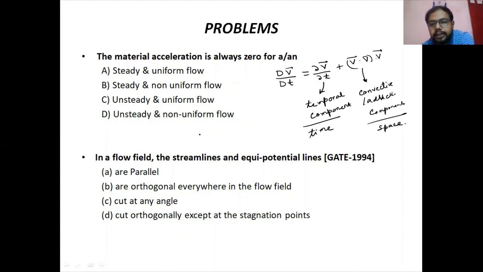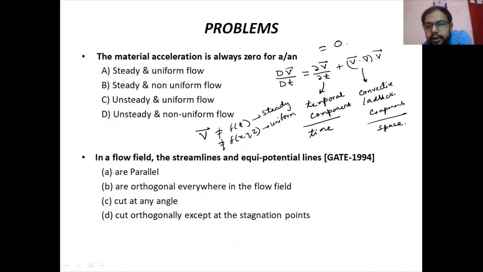When the velocity is not a function of time, that means it is steady. And when the velocity is not a function of space x, y, z, then it is uniform flow. Then the material acceleration will be zero.